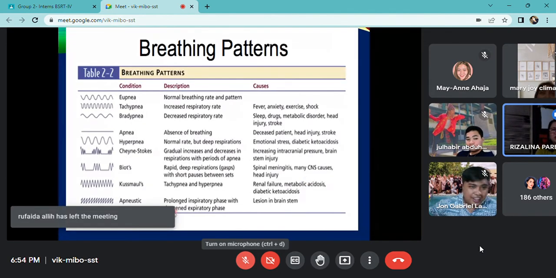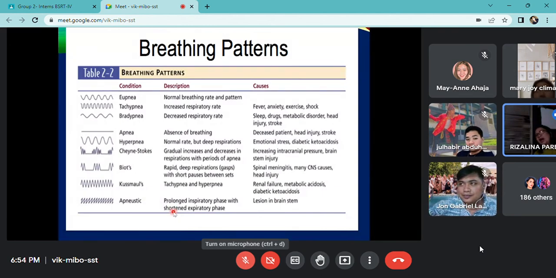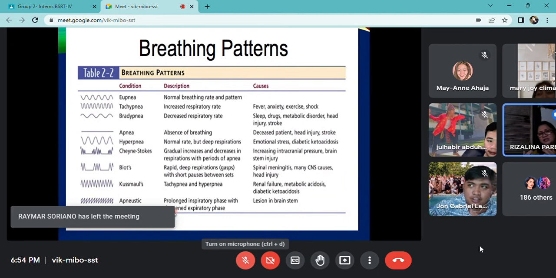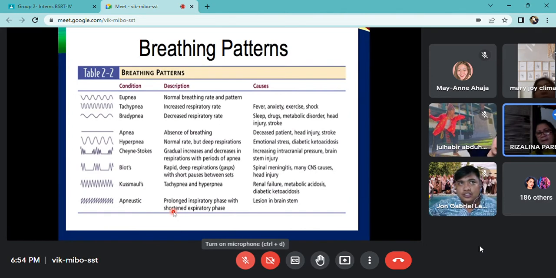Okay, next we have the breathing patterns. After this, still under objective findings, you have assessed the vital signs, the level of consciousness, the general survey, the respiratory distress, and now the breathing patterns.